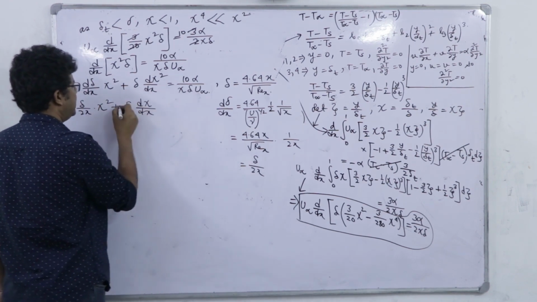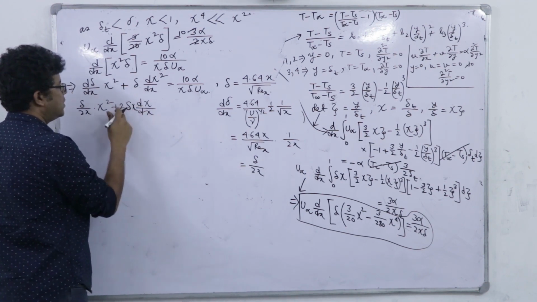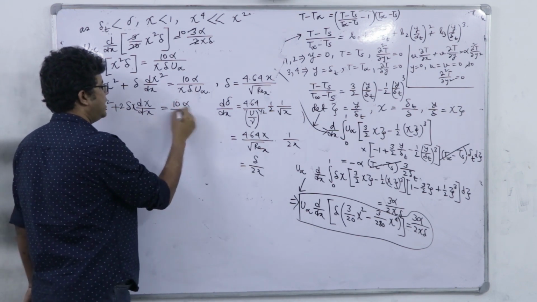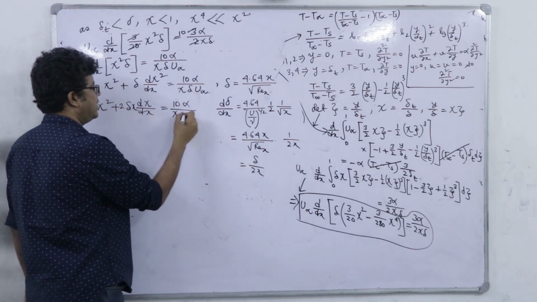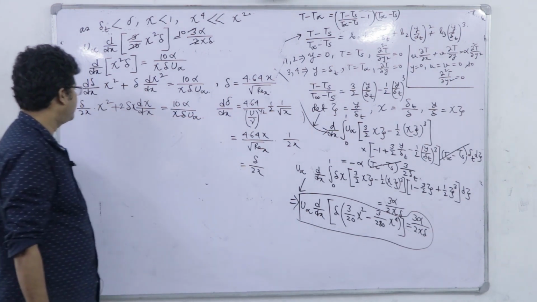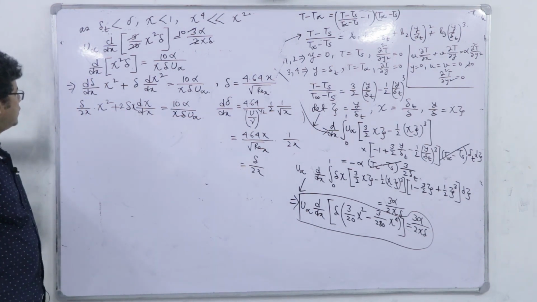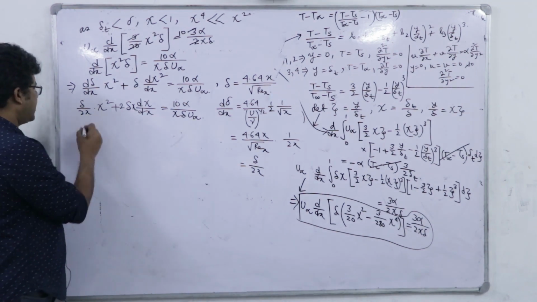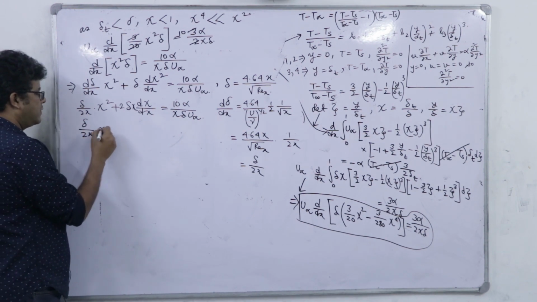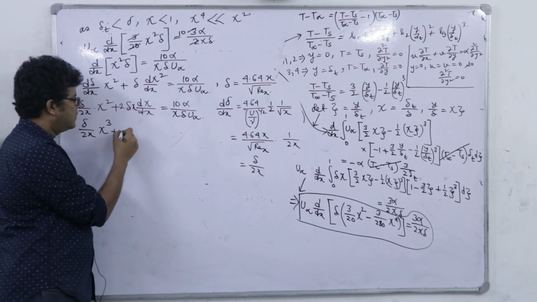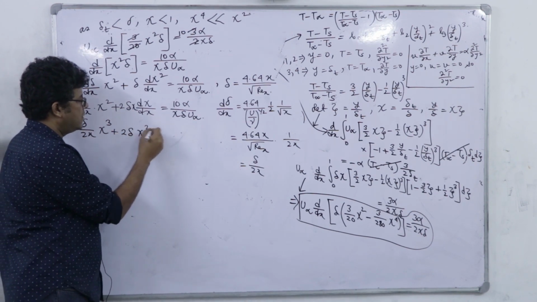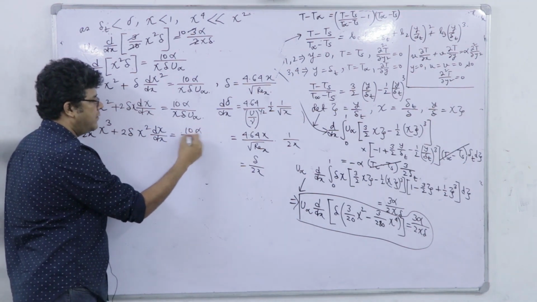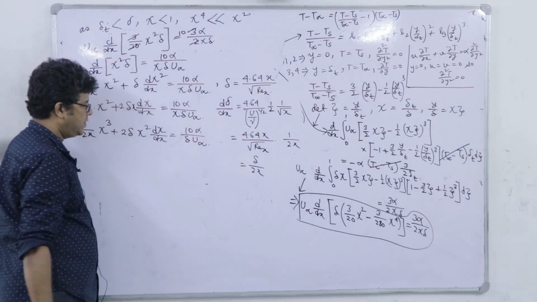Or rather we can write 2 delta into chi into d chi/dx equal to 10 alpha divided by chi into delta into u infinity, correct? So the thing is, if I cross multiply chi, delta divided by 2x chi cube plus 2 delta into chi squared d chi/dx equal to 10 alpha divided by delta into u infinity.